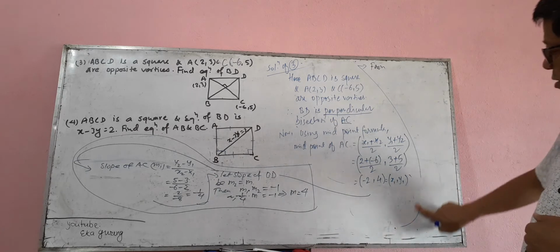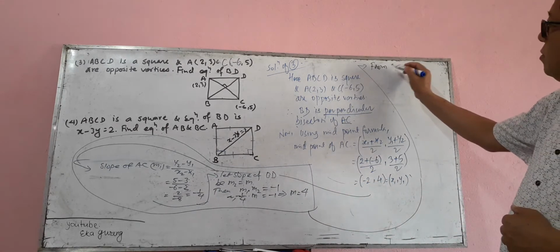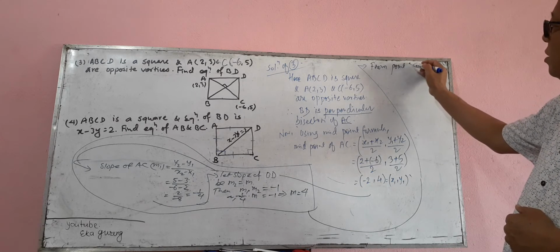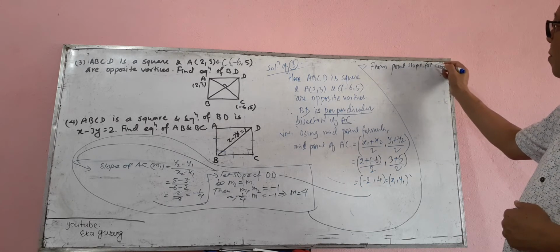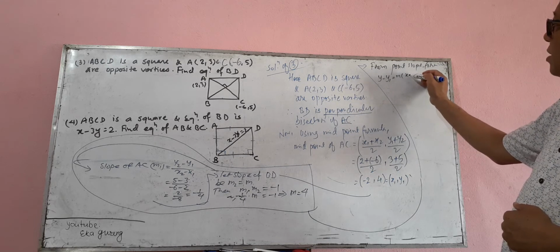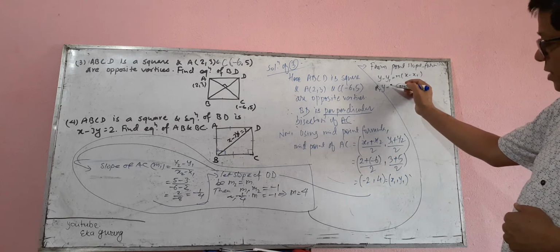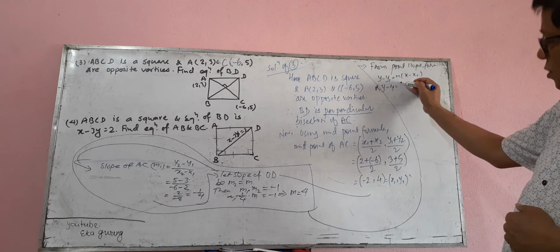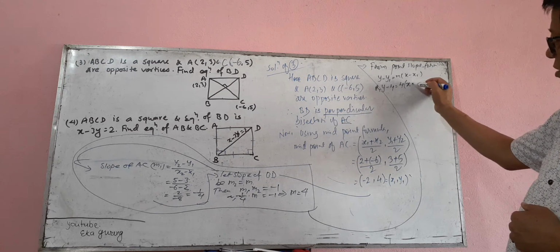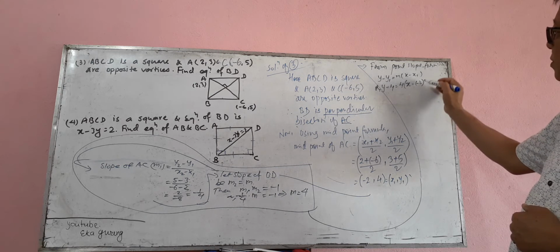Okay, you write here, from the point slope form, y minus y1 equals m times x minus x1, or y minus 4 equals 4 times x minus the x1, which is minus 2.